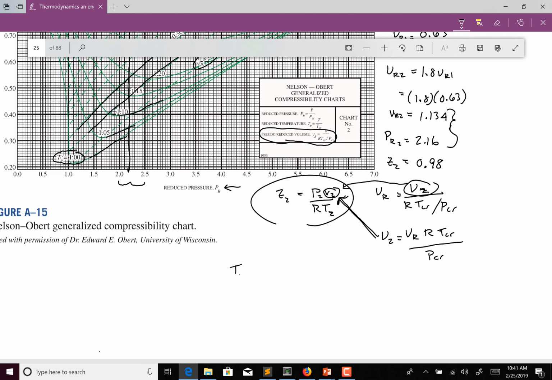So I'm just going to say that T2 is equal to P2 multiplied by the reduced specific volume multiplied by the critical temperature divided by Z2 multiplied by the critical pressure.